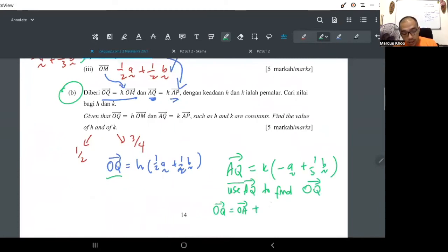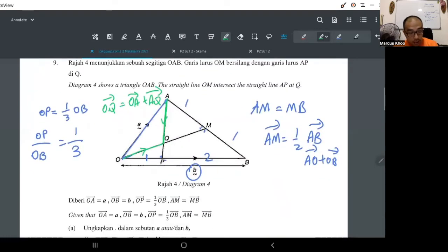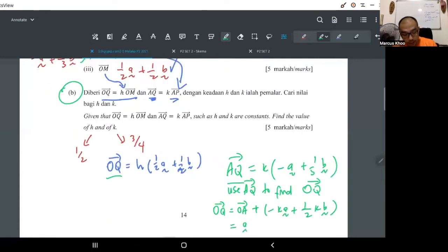AQ is negative KA plus 1 over 2 KB, and OA is actually A, minus KA plus half KB. And so when you factorize the vectors, this will give you half HA plus half HB.